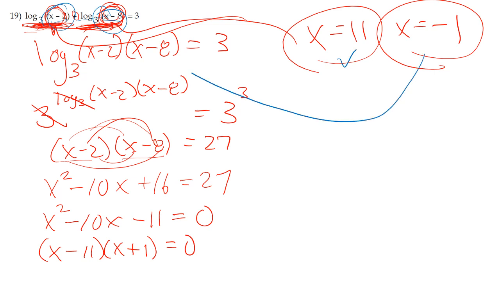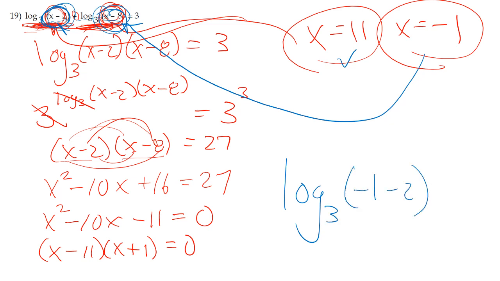But if I plug negative 1 in here and here, negative 1 minus 2, that's negative. Negative 1 minus 8, that's negative. Just one of them is a problem, but I can't do this. Log base 3 of negative 1 minus 2, which is log base 3 of negative 3. You can't do this because you cannot take the log of a negative, because 3 to some power will never be negative.